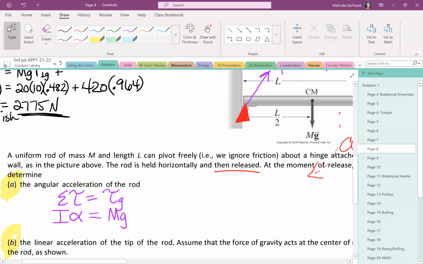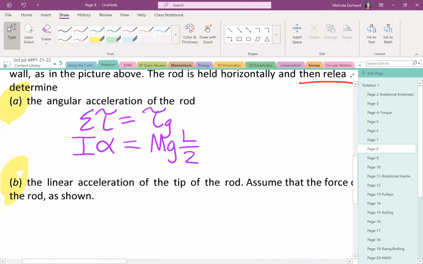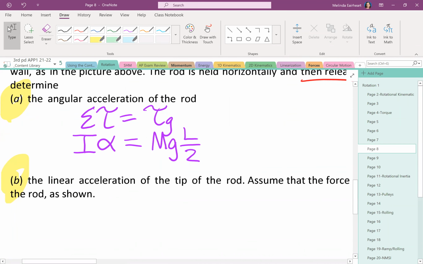If you look back in the picture, they have mg identified at the center of mass. And the distance between the fulcrum and the force of gravity is what? The horizontal distance, L over 2. That's going to be our lever arm. The last thing in this equation, I need to plug in our inertia. This is a rod attached at the end, at the hinge, so this is that 1/3 ml squared.